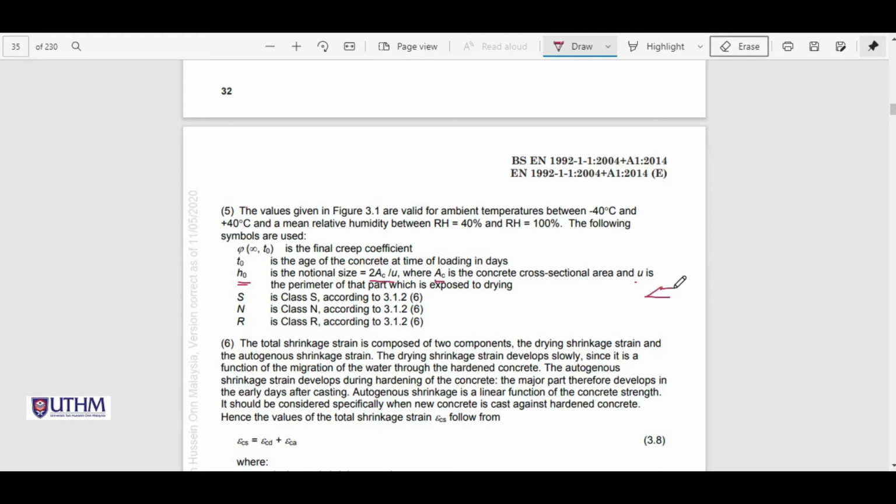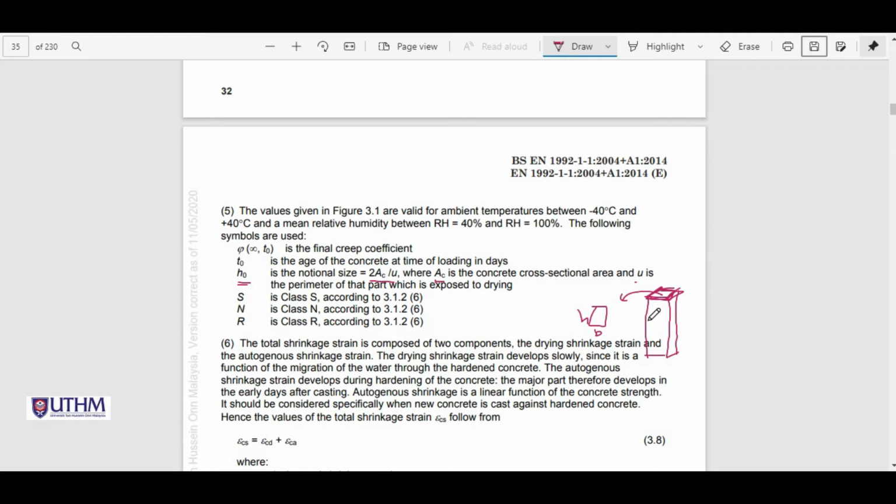And in your case, for the column, which is constructed outside and exposed to the environment, Ac is the cross-sectional area of the concrete, b and h. And u is the perimeter of the part which is exposed to drying.